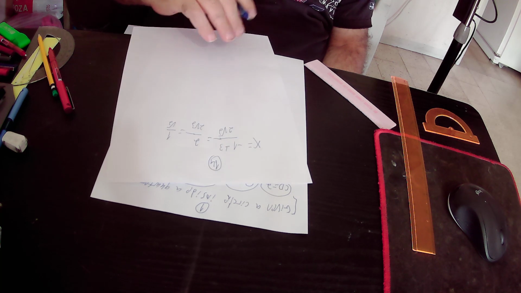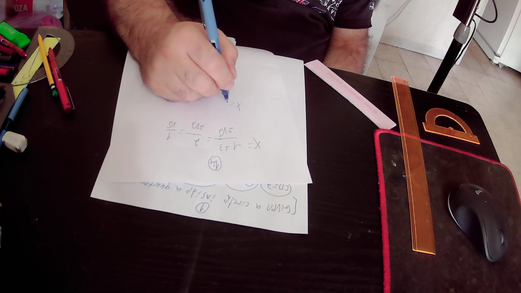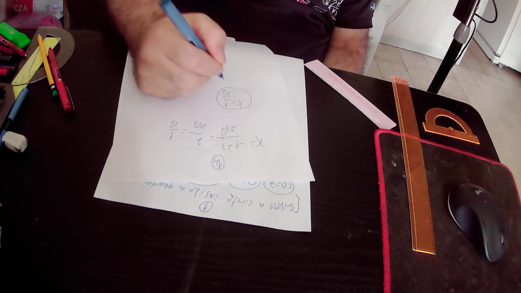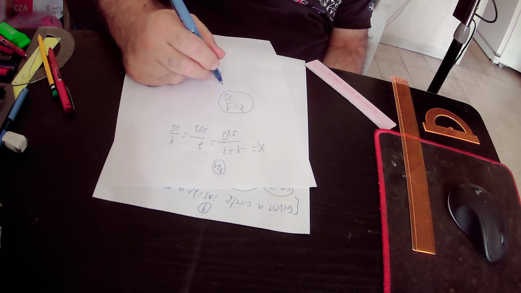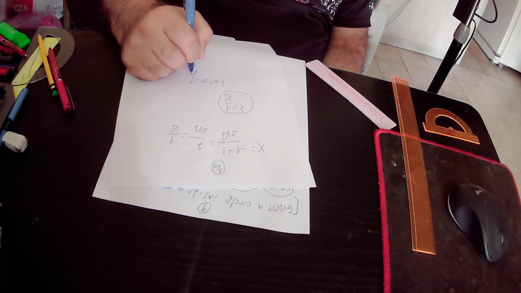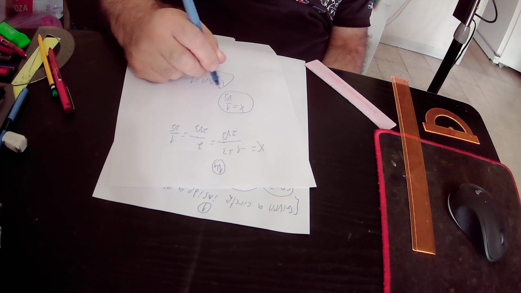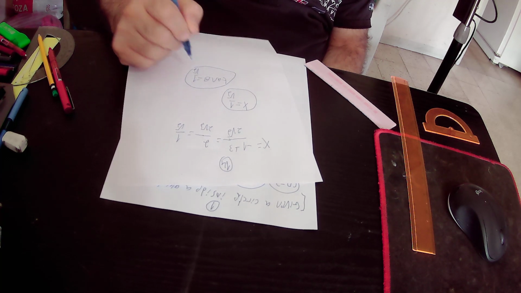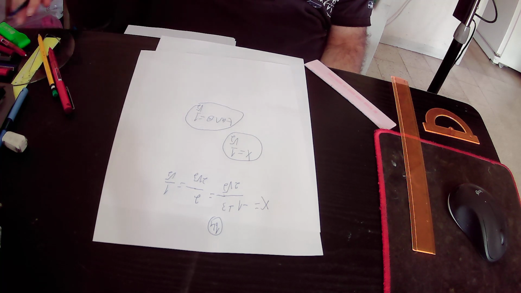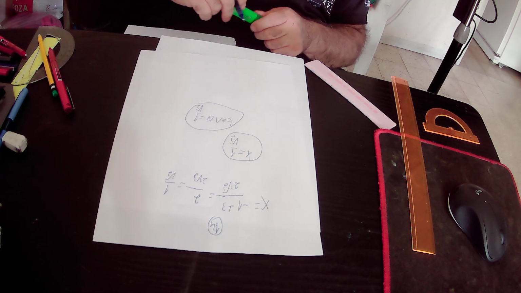So we found out that x equals 1 over root 2. x equals tangent theta according to our definition. So tangent theta equals 1 over root 2. Okay? Tangent theta equals 1 over root 2.